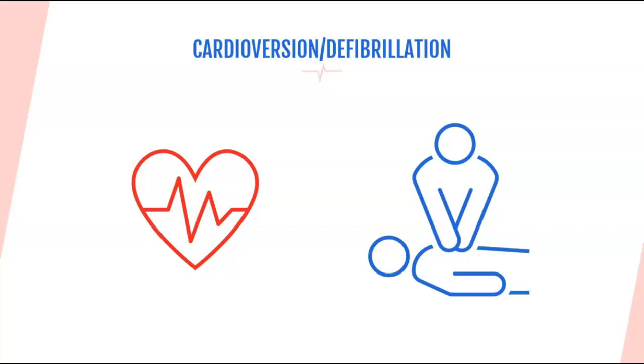Paddles, usually we're going to use the large pads with adhesive now. They're placed on the right upper sternum under the clavicle and the left side under the cardiac apex. And it's very important that you say all clear before pressing the defibrillation button because we don't want any of the nurses, doctors, anyone that's helping to get shocked.